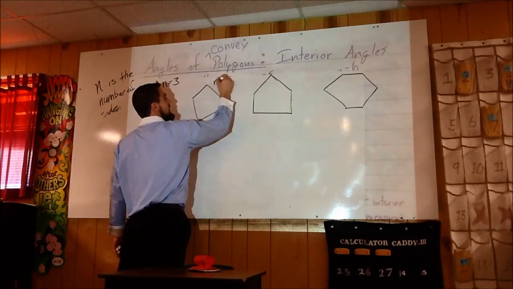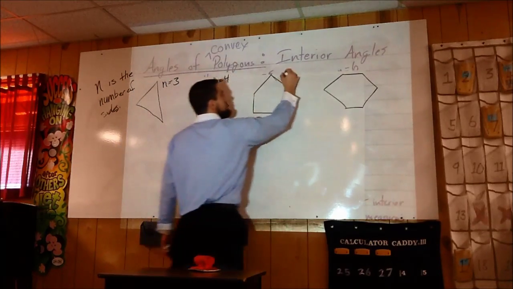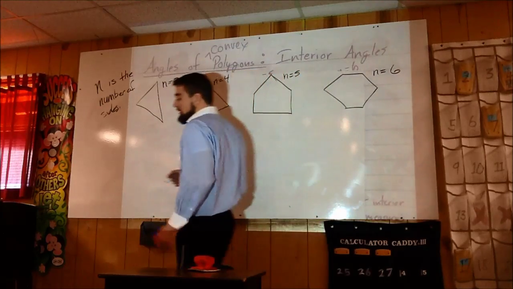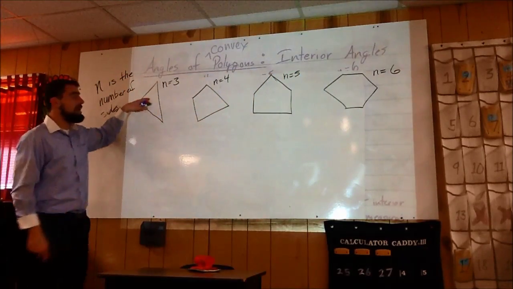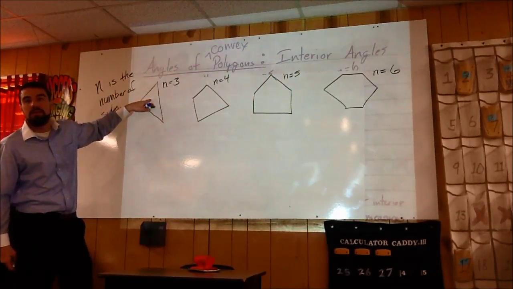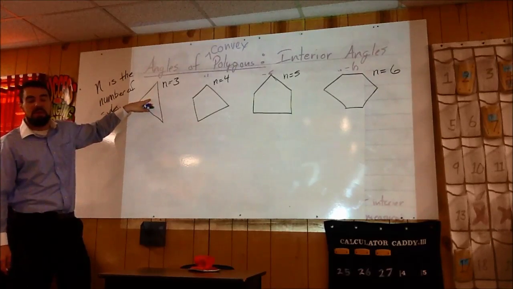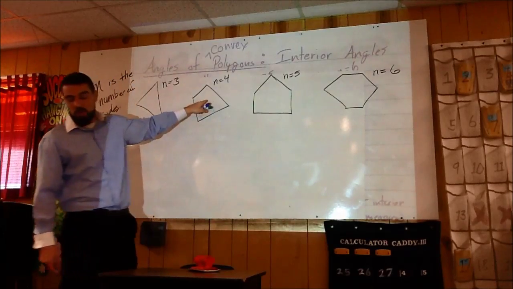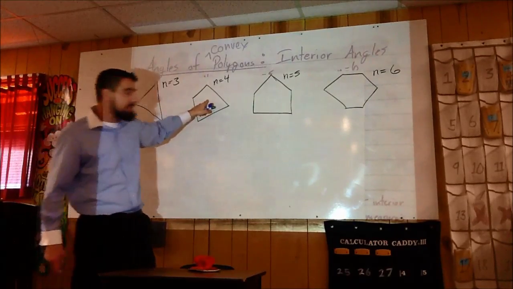For a quadrilateral, n is equal to 4, and so on and so forth. How many interior angles does a triangle have? 3. The same number of sides, correct? How many interior angles does a quadrilateral have? 4. The same number of sides.